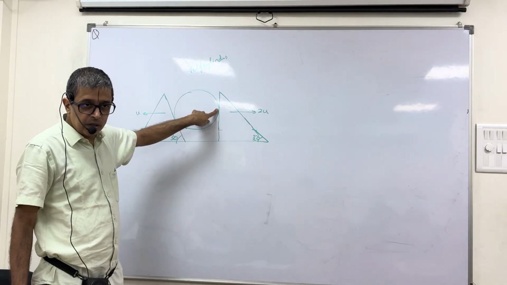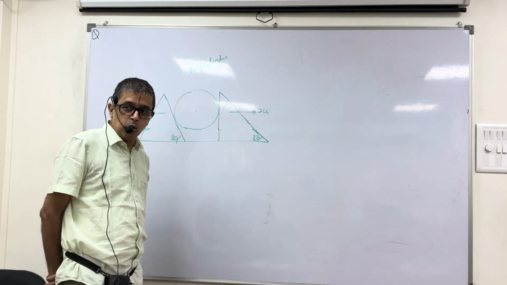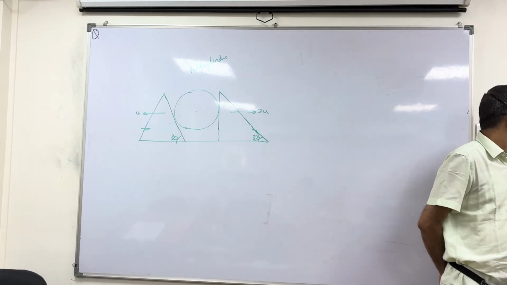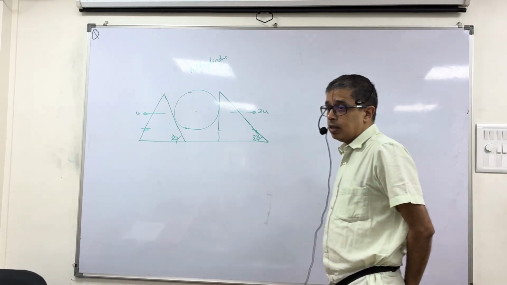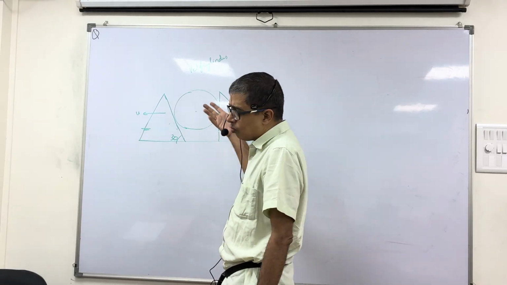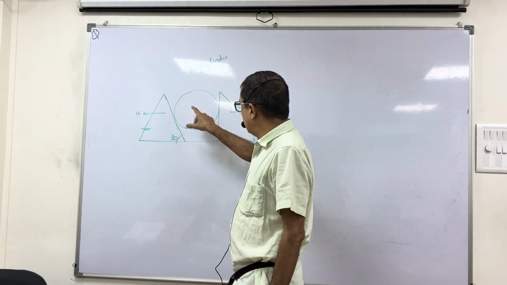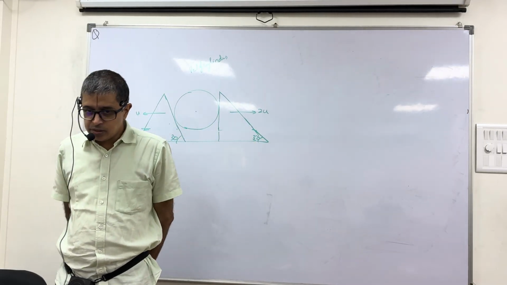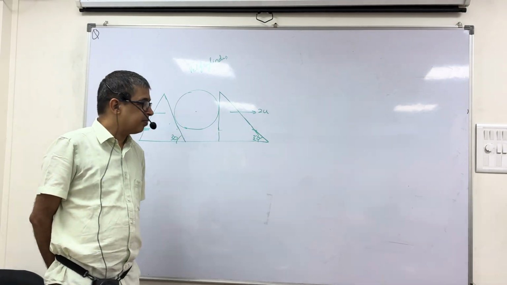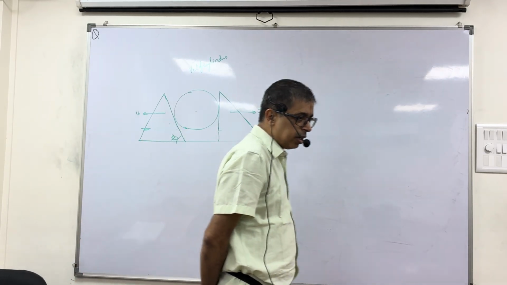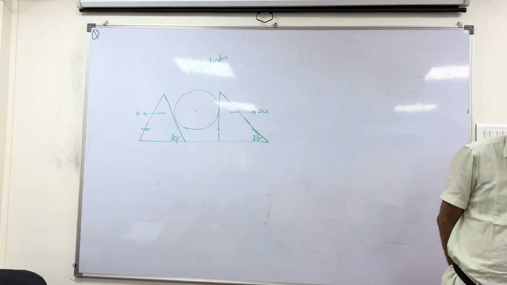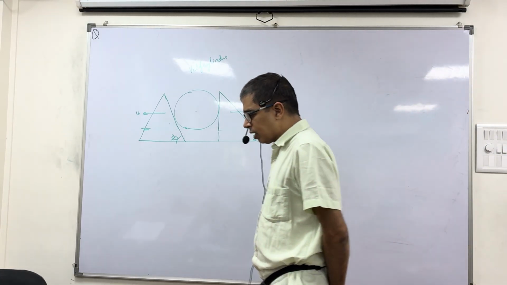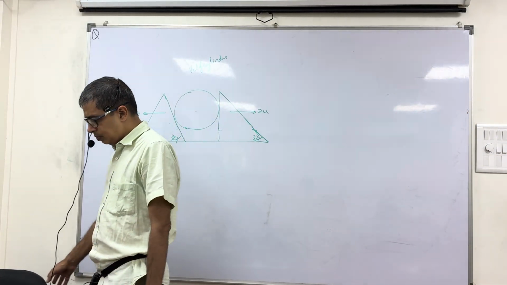If it is attached, why will it move? Along the common normal, at the point of contact, velocity of both the bodies along the common normal will be the same.